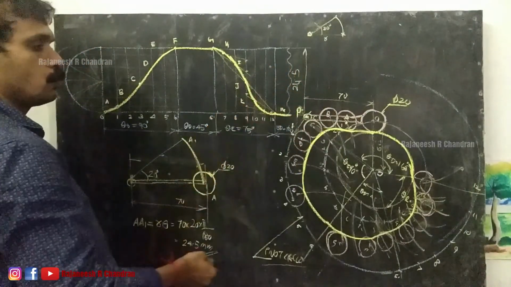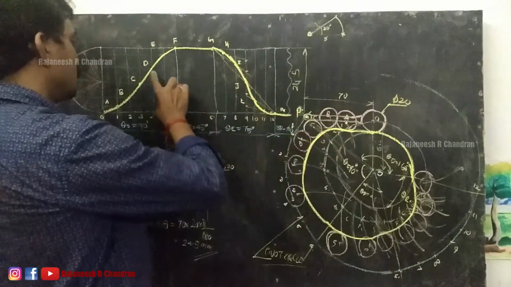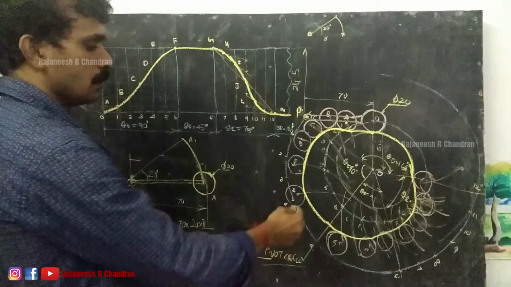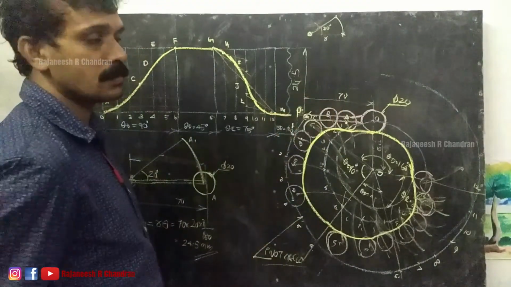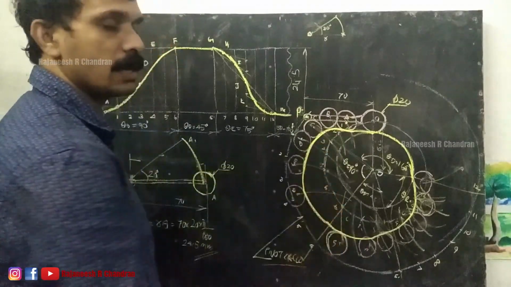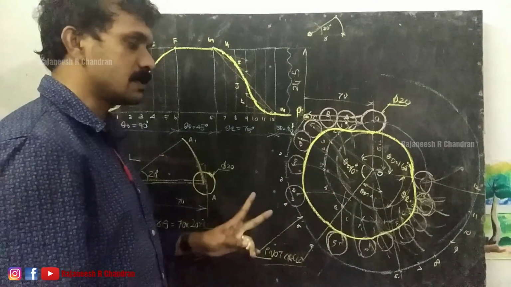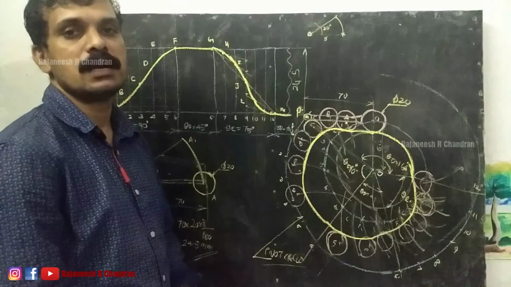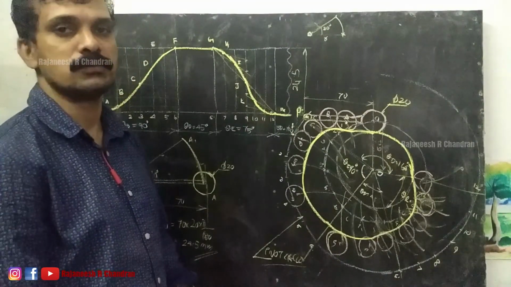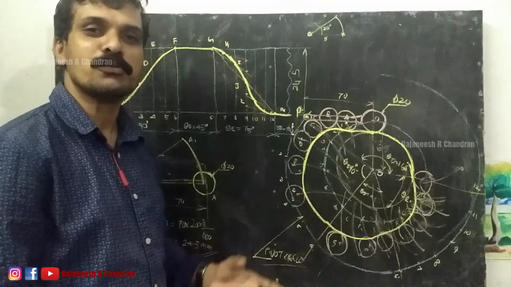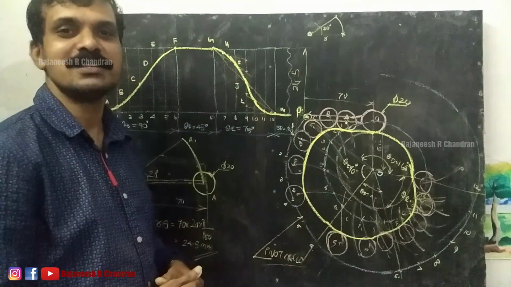On the arc through 2, mark 2B, mark 3C, mark 4D, mark 5E. At every point, draw the rollers and connect these points tangentially. This is the method of constructing the cam profile for an oscillating follower. So I hope all of you have understood this question. Thank you.